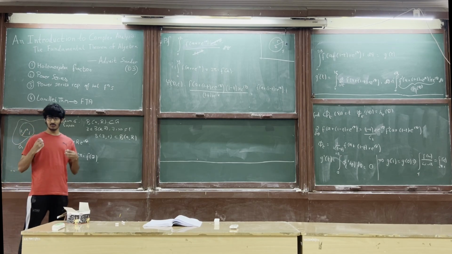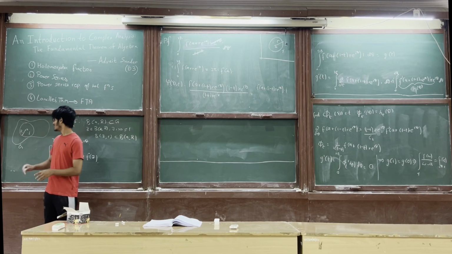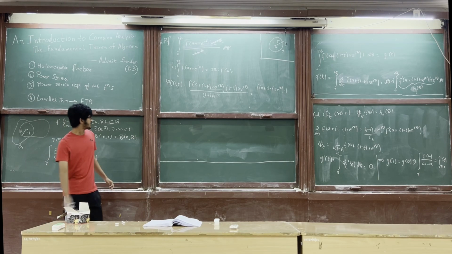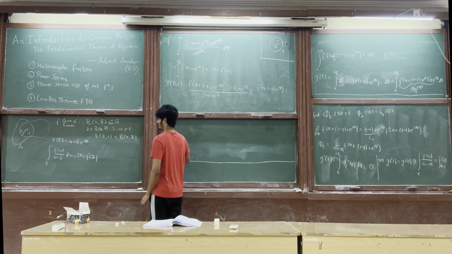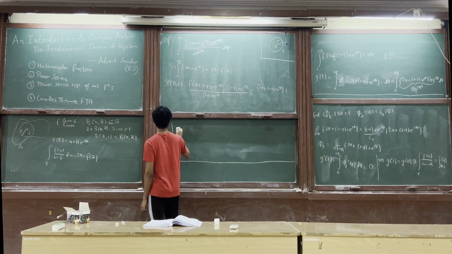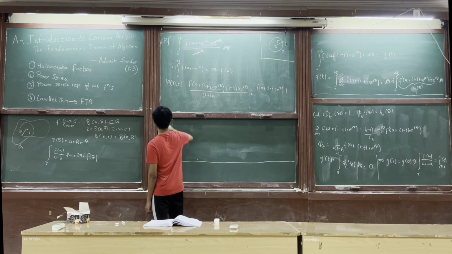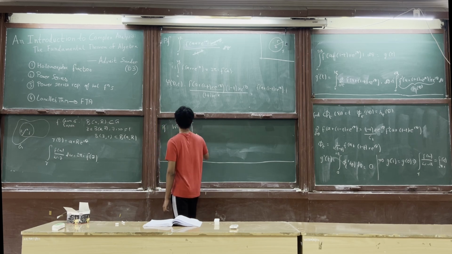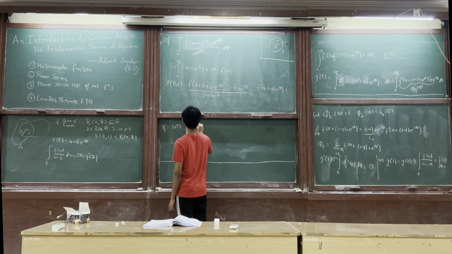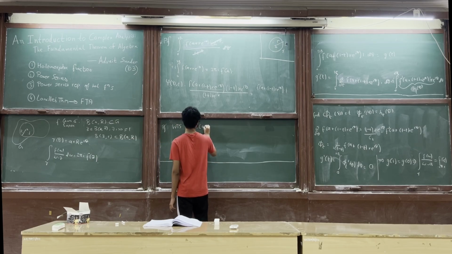That is, even if you transform this path under a nice homotopy, the value of the integral stays the same, or is invariant. So, yeah. I want to show this.